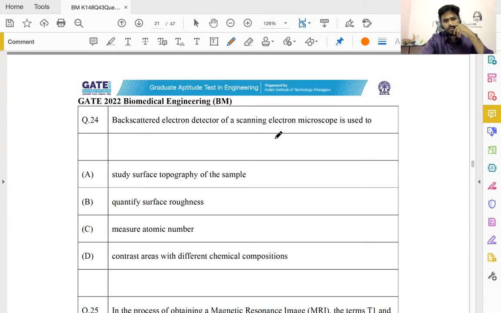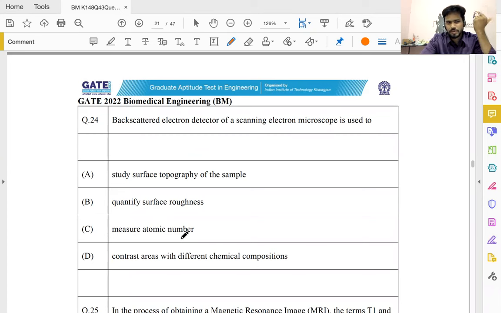Backscattered electron detector for a scanning electron microscope is used to study topography, roughness. So actually, backscattered electrons are a function of atomic number, based on the size of the atom, the amount of electrons that get backscattered.